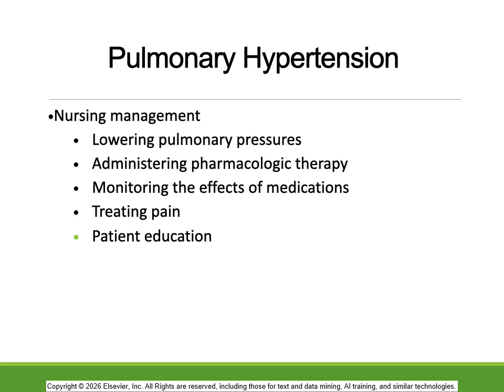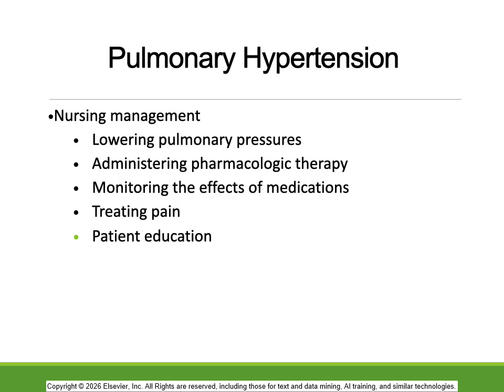So once they've maximized their medical management in an outpatient setting at home, if they've decompensated, they are not having good oxygen exchange whatsoever, patients end up being admitted. They may end up going on ECMO temporarily, and really looking at ways to help reduce the pulmonary pressure by vasodilating medications that we give.